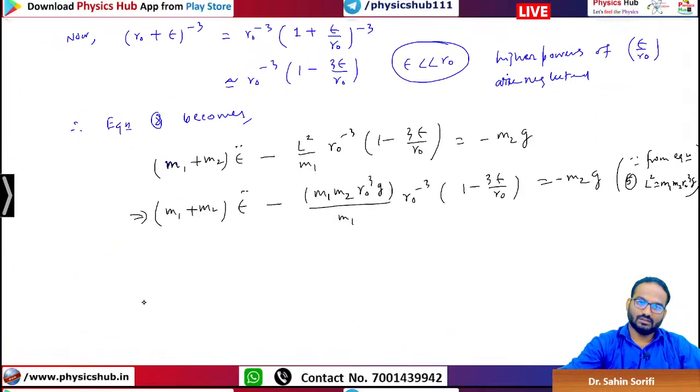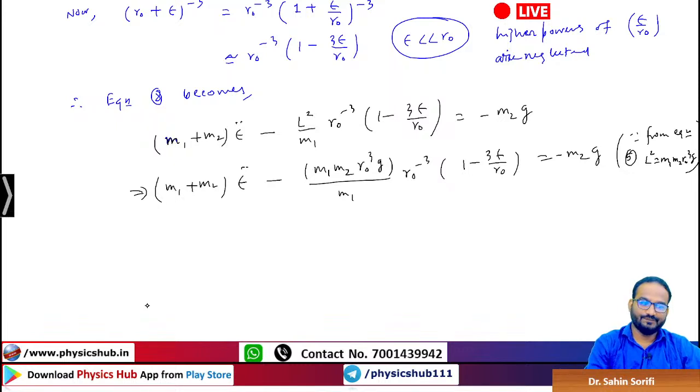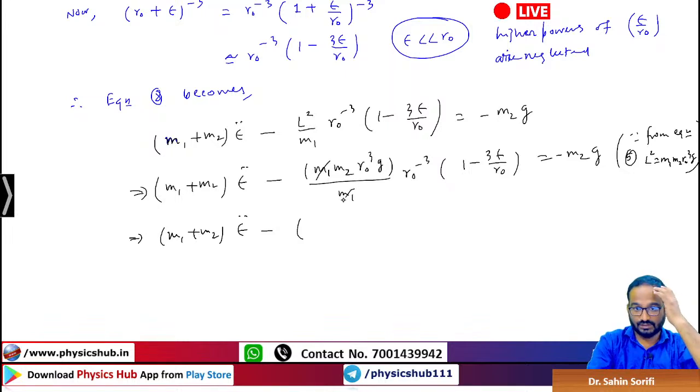Okay, let's do a little bit of simplification. M1 plus M2 epsilon double dot minus, R naught cube is getting cancelled, one M1 getting cancelled.